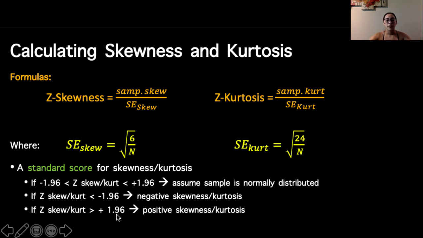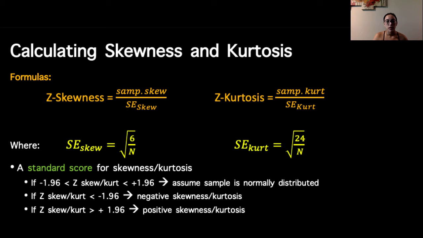So if your sample skewness or your sample kurtosis lies outside of those regions, that indicates that your sample distribution is relatively not the same as the sampling distribution of your population, which should be normal.